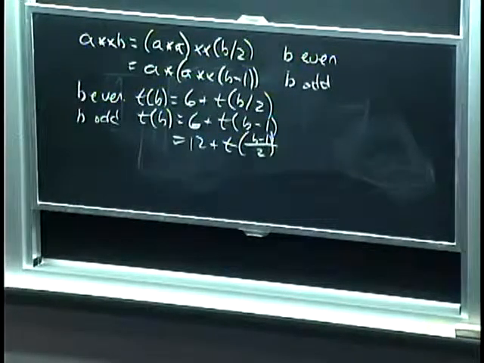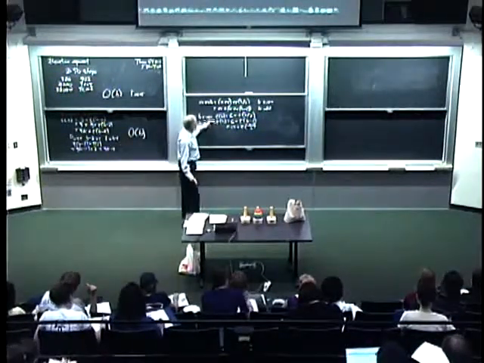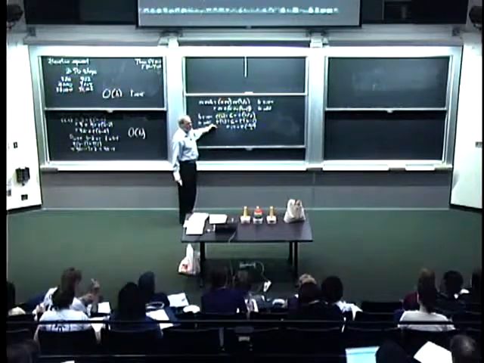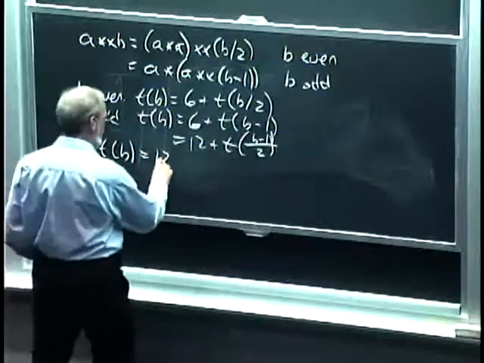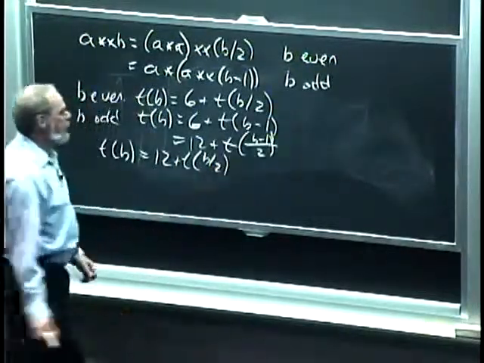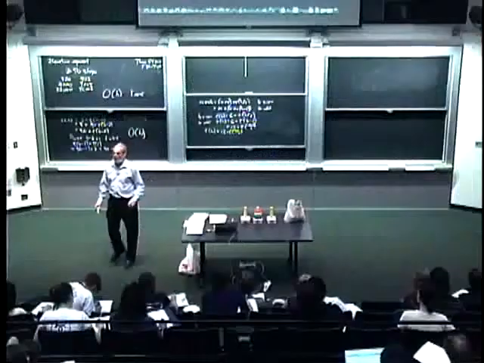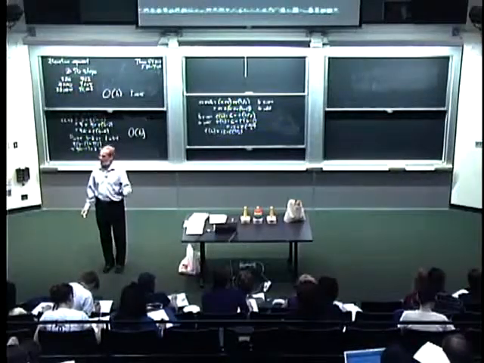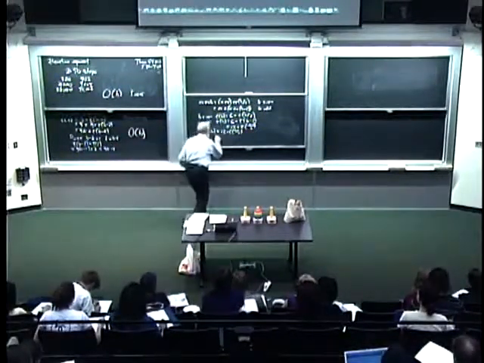Don't sweat the details here. I just want to see the reasoning goes through it. What I now have, though, is a nice thing. It says in either case, in general, t of b, and this is where I'm going to abuse notation a little bit, I can basically bound it by 12 steps plus t of b over 2. Okay, the abuse is, it's not quite right. It depends whether it's already even, but you can see in either case, after 12 steps, 2 runs through this, I'm down to problem size b over 2. Why is that nice?